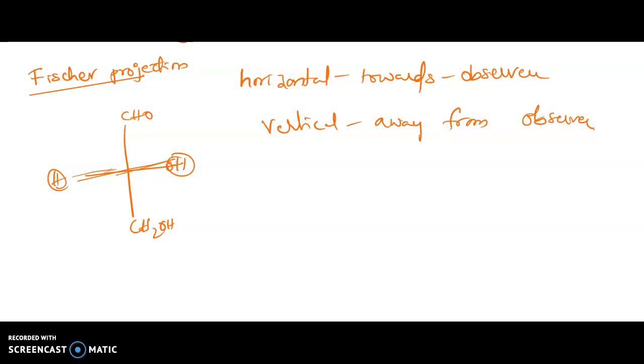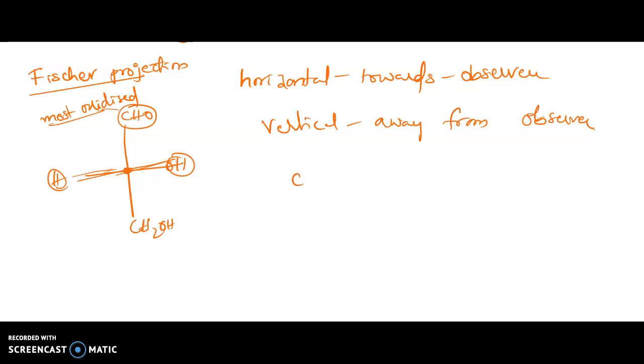Here you have to remember that the most oxidized group is always present on top of the vertical line. Whatever group is present in a molecule, we have to represent that on the vertical top. So this is the representation of a Fisher projection, and the center indicates one carbon.